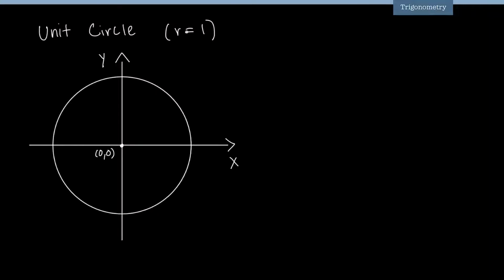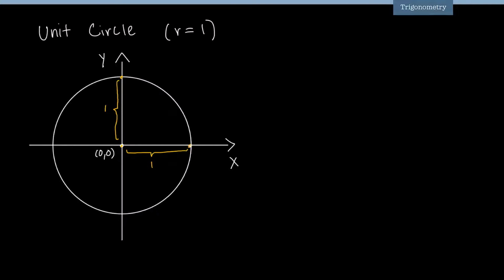And since the radius of this circle is 1, the distance from the origin up to the point on the circumference, this point, is going to be 1. And similarly, the distance from this point up to this point on the circumference is also going to be 1. So this point over here is going to be 1 more than the x coordinate at this point.